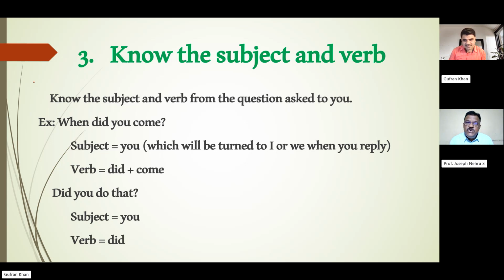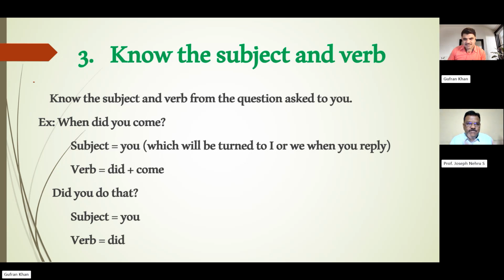When did you come? Did is the helping verb, and that verb represents the time in which the action of coming happened. So did is the past tense helping verb. So it tells us the action of coming happened in the past. You got it? Very good.